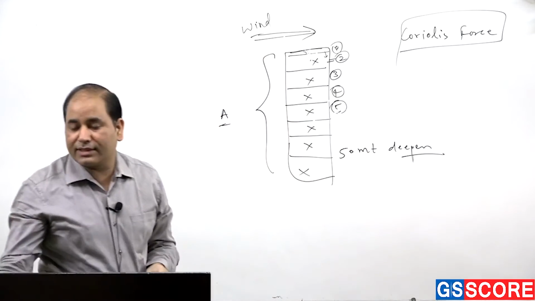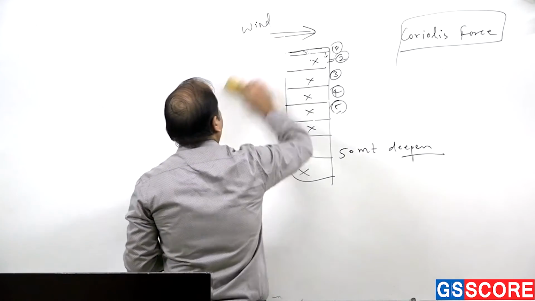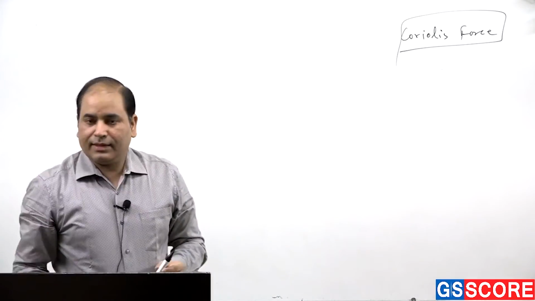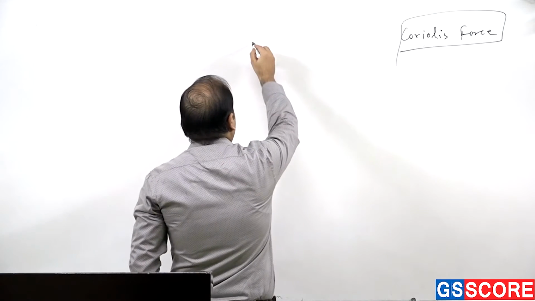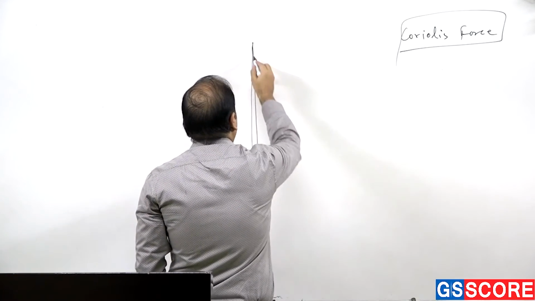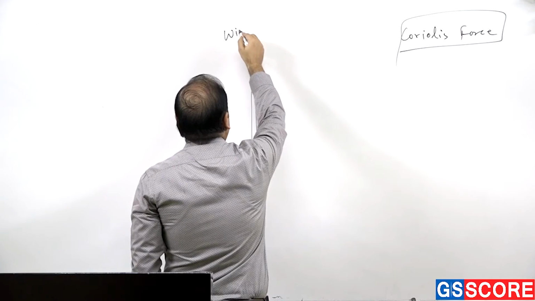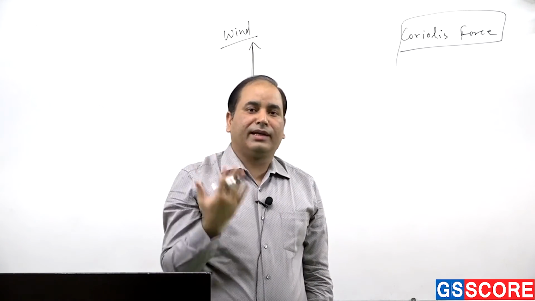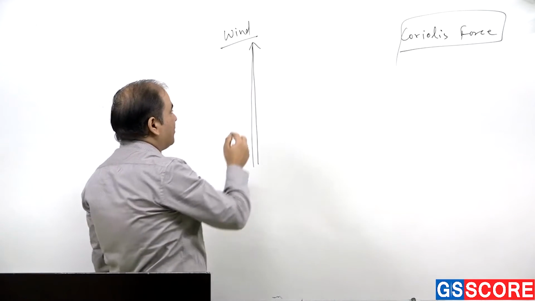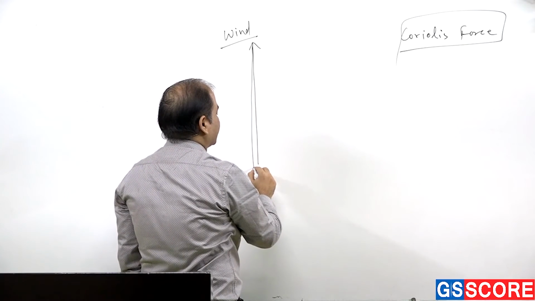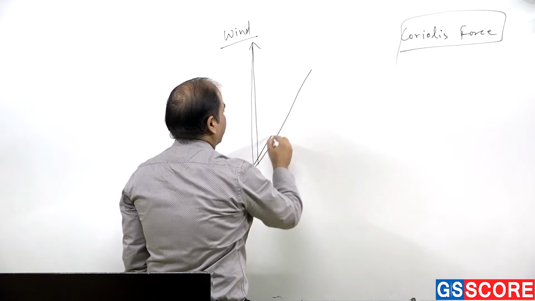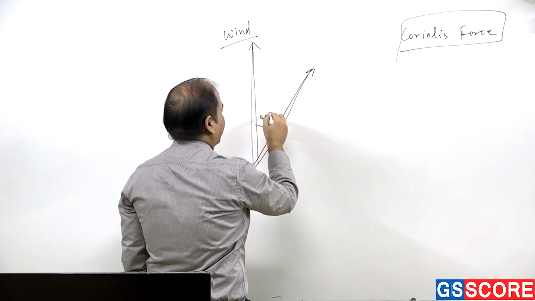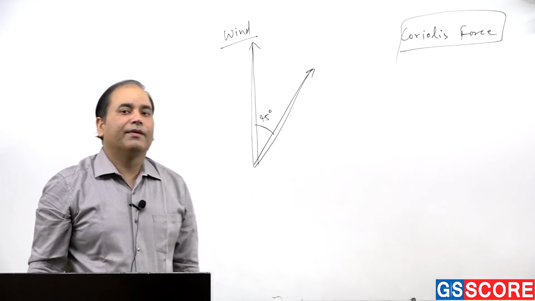Now just try to understand with one more simplified diagram. Let's say we have a coastal area, an oceanic area, where the wind is moving in this direction. What Ekman is suggesting is that the topmost layer will move in this direction, around 45 degrees.